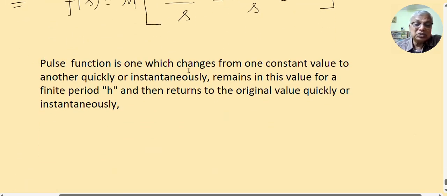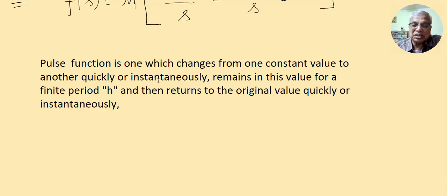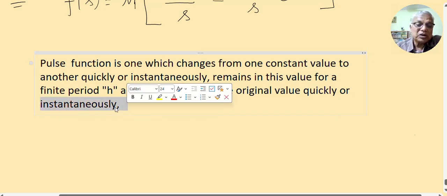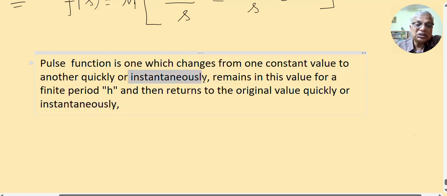A pulse function is one which changes from one constant value to another instantaneously, remains in this value for a finite period h, and then returns to the original value instantaneously.